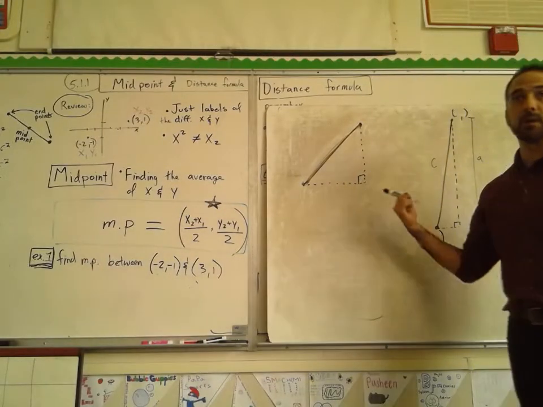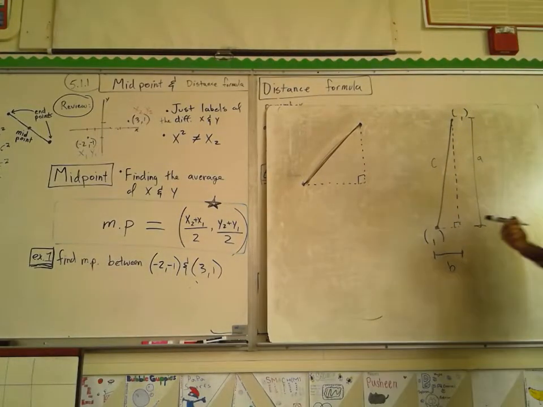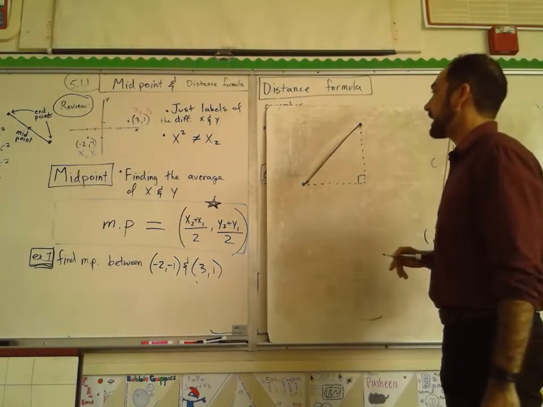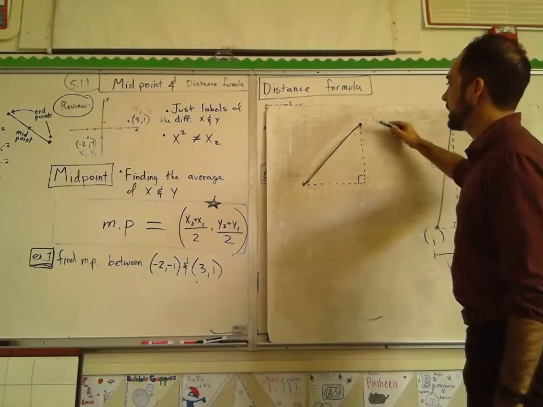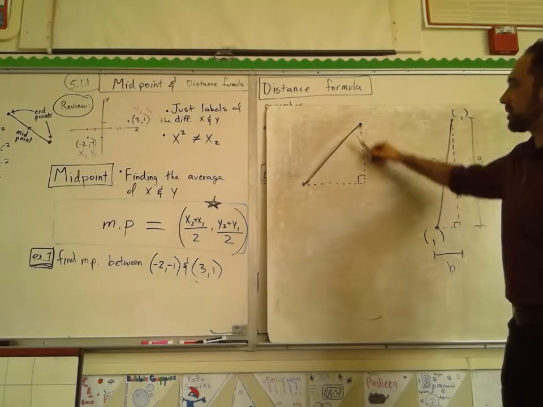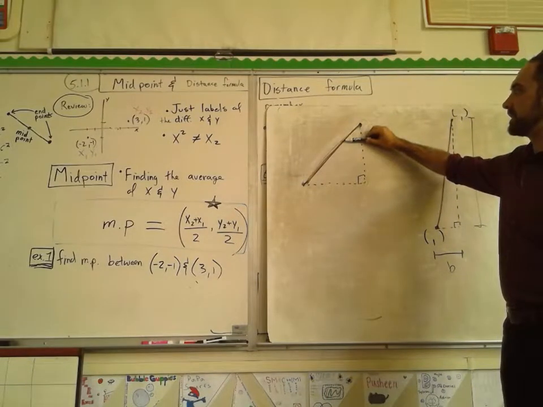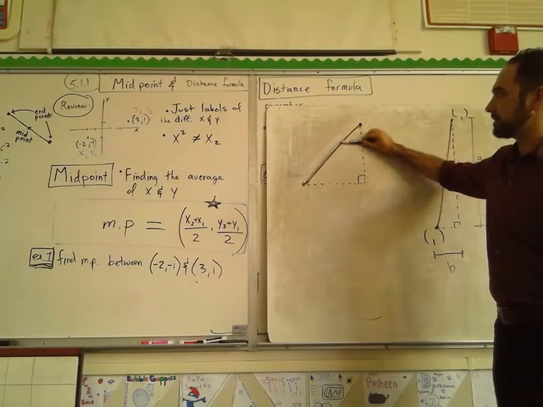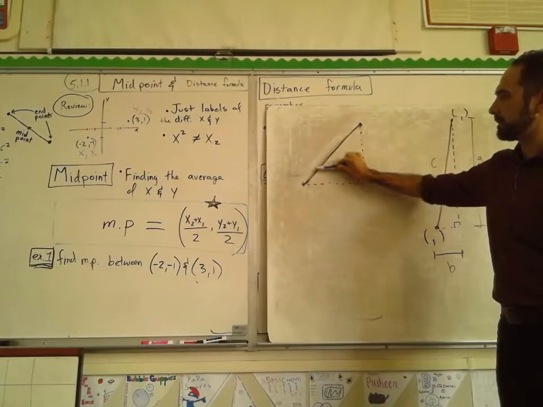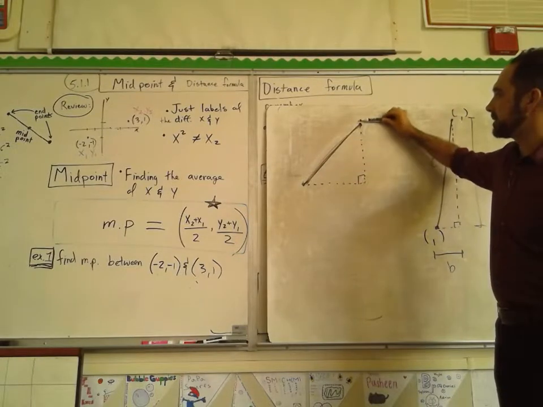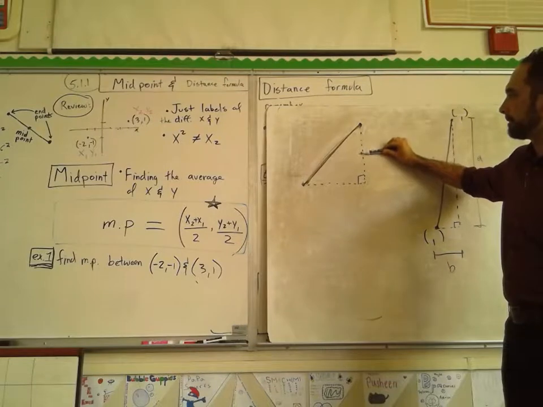It's a right triangle, right? So if I had to find the midpoint between these 2, tell me where, as far as our y coordinates go, would this be the y coordinate for the midpoint? Right here? No. Is that the midpoint? No. How about down here? Is this the midpoint? No. Where do you think it would have to be? Tell me when to stop. Right there. Let me do it again.